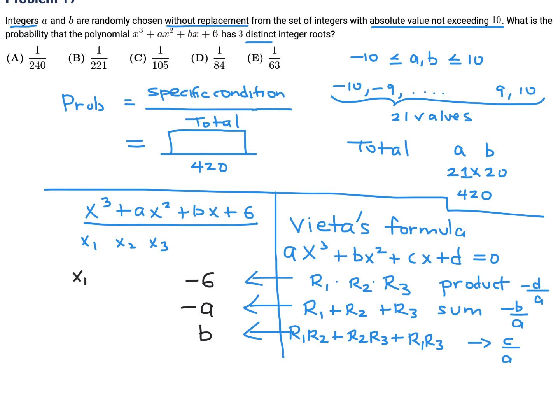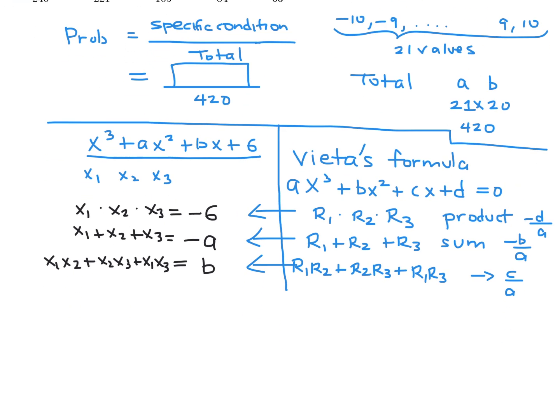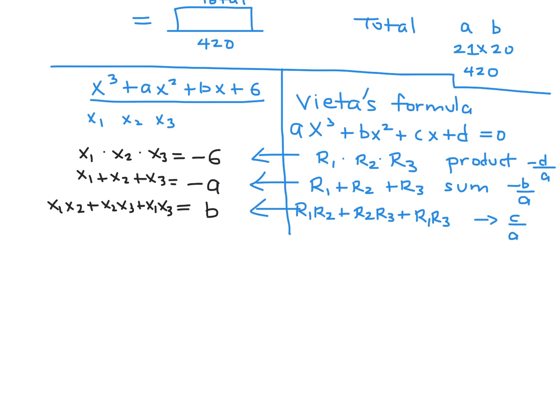So this is x1 times x2 times x3 equals minus 6, the next one is x1 plus x2 plus x3 equals minus a, and then b is the sum of the products, x1 times x2 plus x2 times x3 plus x1 times x3, like that. Okay, all right. So now, finally, we can move forward.